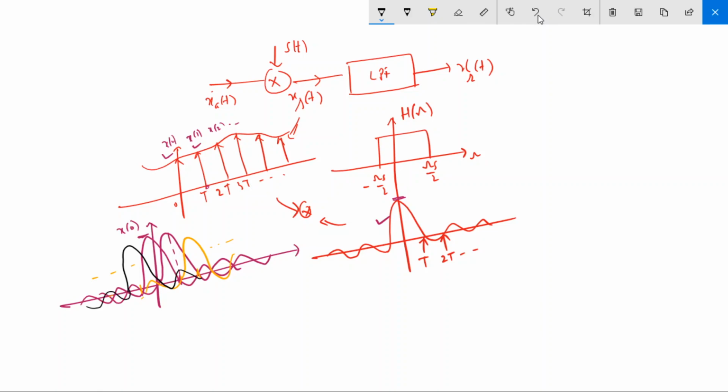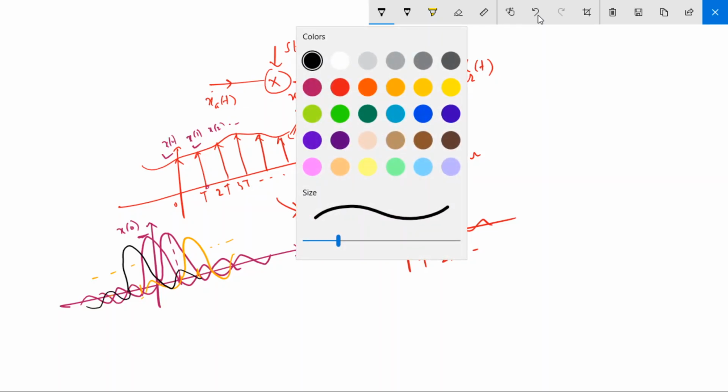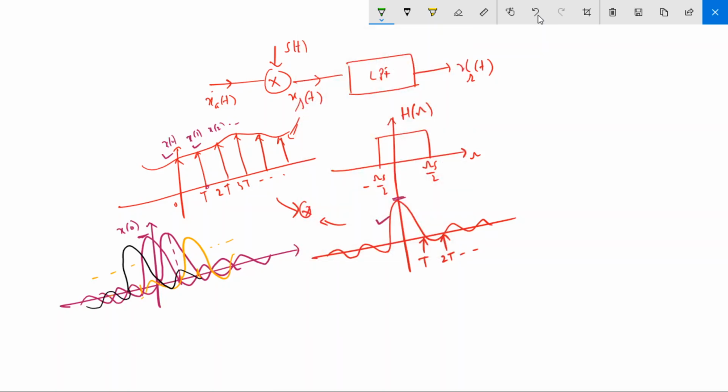Okay. So when you combine all these pulses together, what you get at the output is nothing but the original analog signal. So you will get a signal like this, maybe, at the output. This is the original signal. So the reconstructed signal will be this. This is x_r(t), which will be the same as x_a(t).